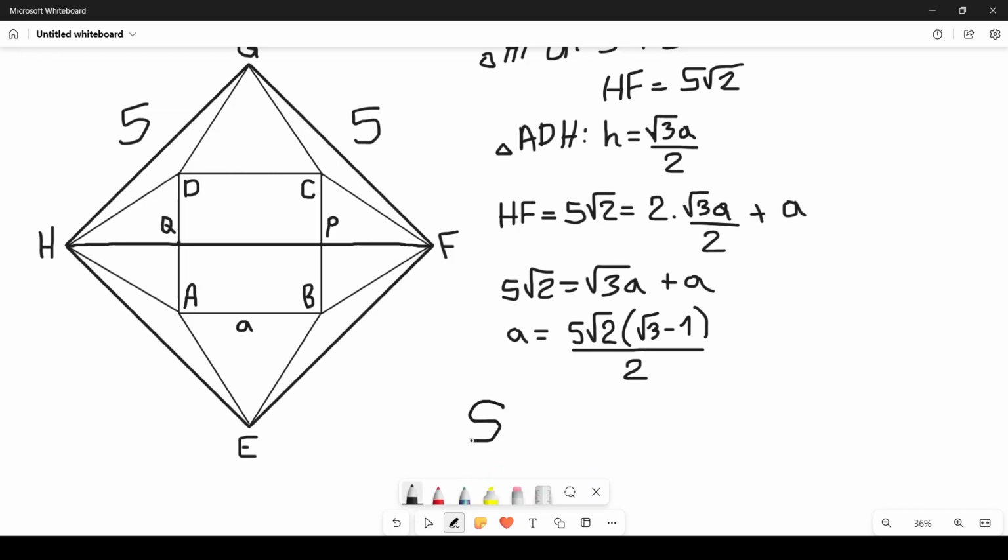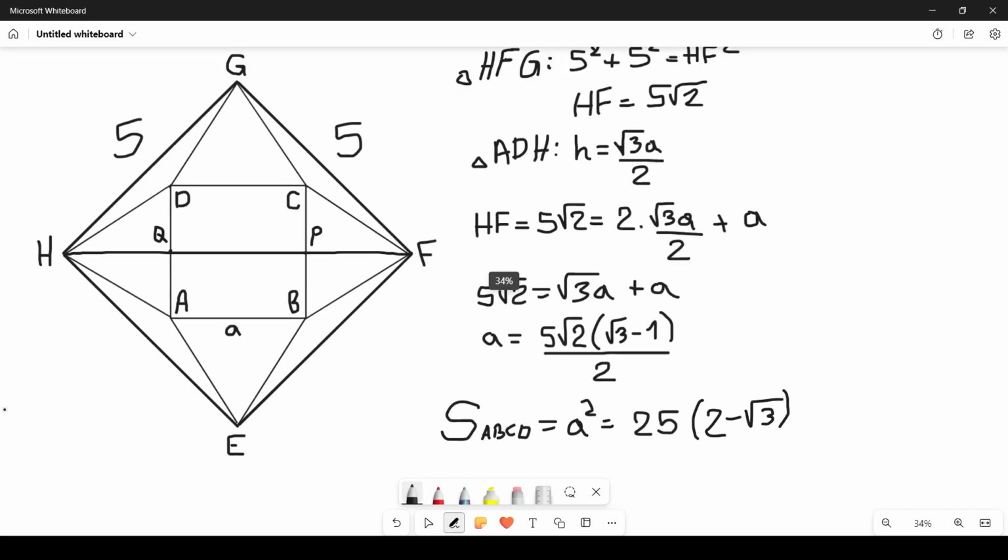So we can write S, the area of the ABCD square, is just this number squared, so it's going to be 25 times 2 minus square root of 3, which is good, because now we know the area of ABCD.